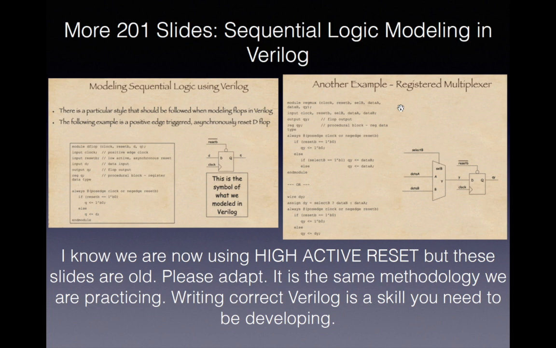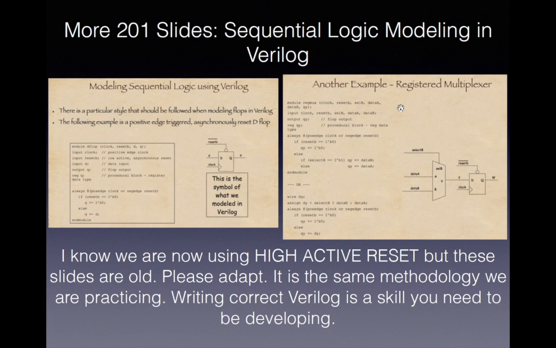On the left is an example of a D flop. The difference today is I don't use the keyword or in the sensitivity list, and we're using a high active reset. On the right shows, hey, now if I wanted to, I can start defining logic that will have a flop on the output.